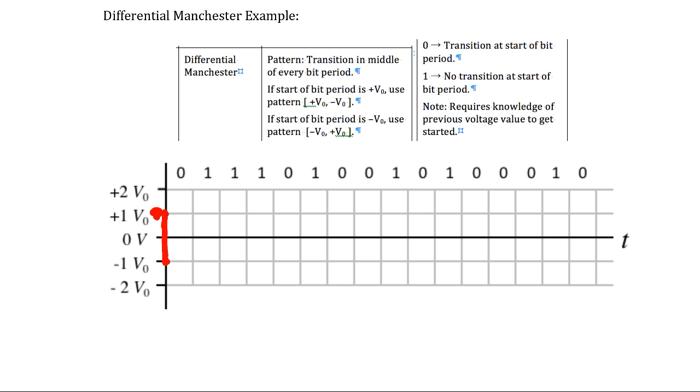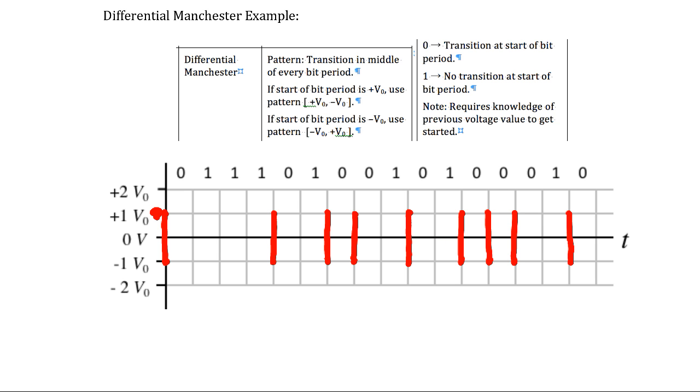No matter where it is, the 0 gives me a transition at the beginning of each bit period. So I'm filling in the transitions on the zeros. So when I have a 0 bit coming in, I have a transition at the beginning of its bit pattern. And I'm filling those in. 0, 0, 0, 0, and 0.